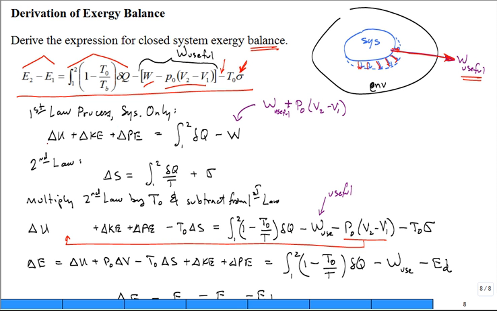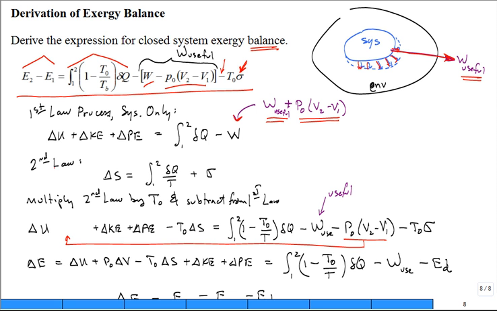So you have the change in internal, kinetic, and potential energy of our system only, equal to the sum of all the little heat transfers, or Q's, into our system, minus this work. Now that work is the combination of the useful work and pushing back the boundary, expansion against P naught. All right? So we can substitute for that work.